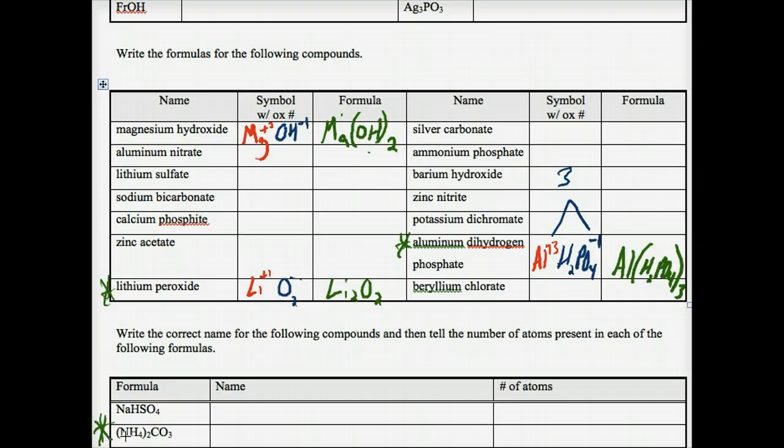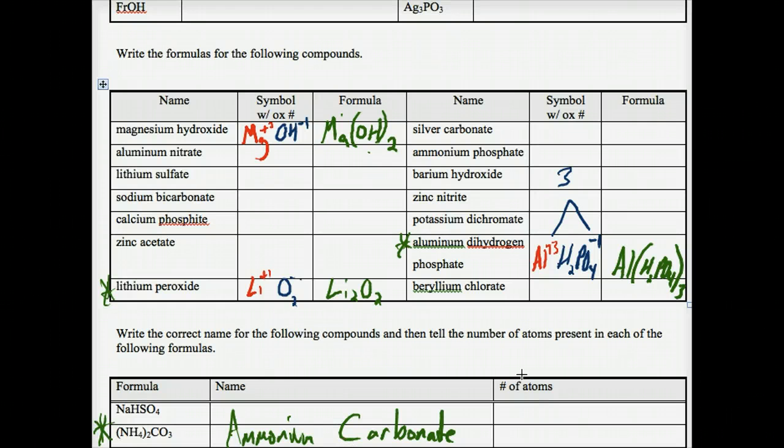Well, NH4 is our only positive polyatomic ion. So we have a position here where we actually have 2 polyatomic ions, and to name that, I have to know both of them. NH4 is ammonium, and CO3 is carbonate. Ammonium carbonate.